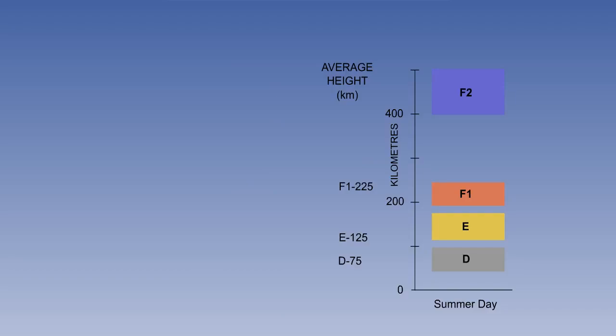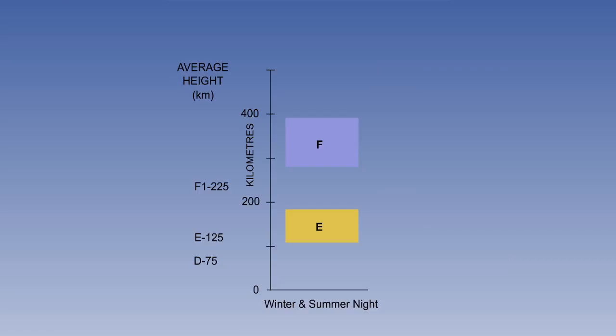The F layer, also known as the Appleton layer, exists at an average height of 225 kilometers. During the day, the layer divides into 2, known as F1 and F2, because the different frequencies of radiation from the sun ionize the gases to a different extent. At night, there is only one F layer, which is narrower than the combined width of the daytime layers.